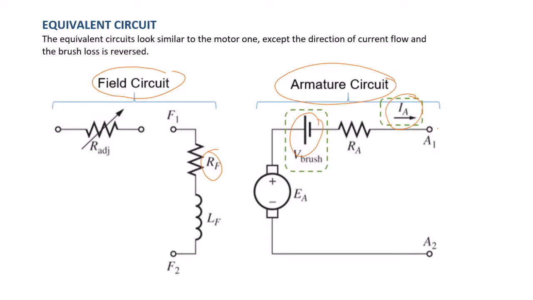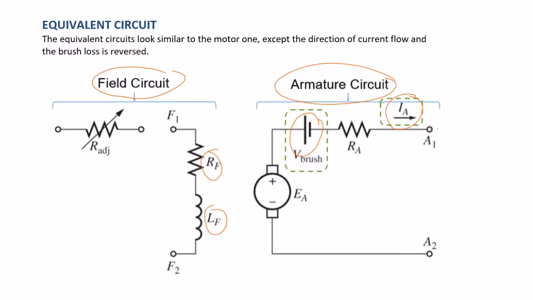Apart from that, we have LF, which is the field inductance. However, in our analysis in this lesson, our calculation will not be affected by LF, and therefore we can ignore it.